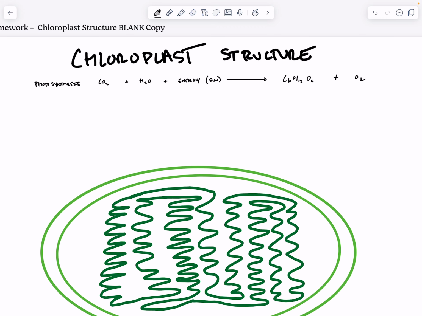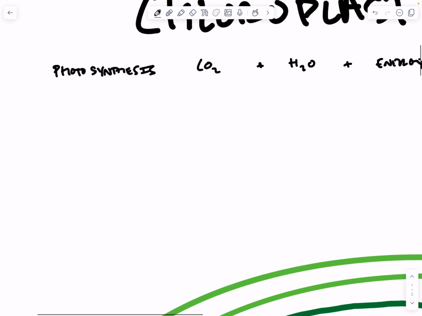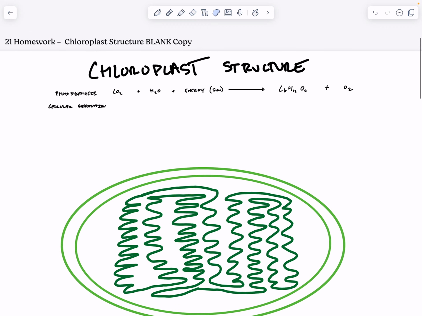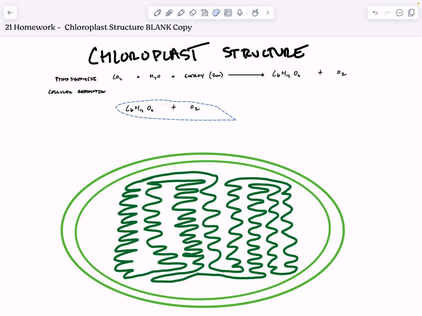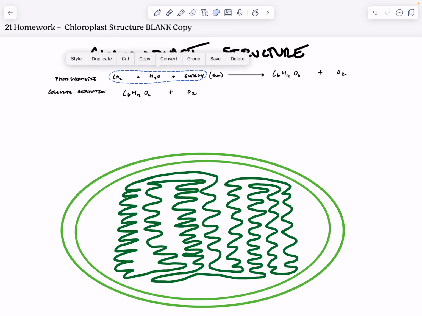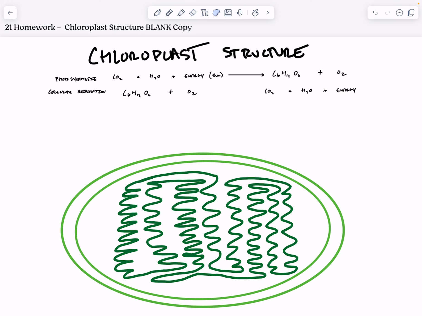If we look at the overall chemical equation for cellular respiration, you'll see something pretty important and maybe surprising. The products of photosynthesis are the reactants of cellular respiration.